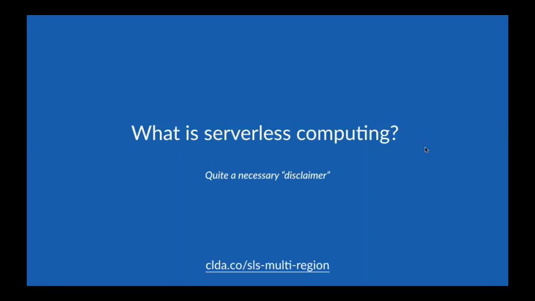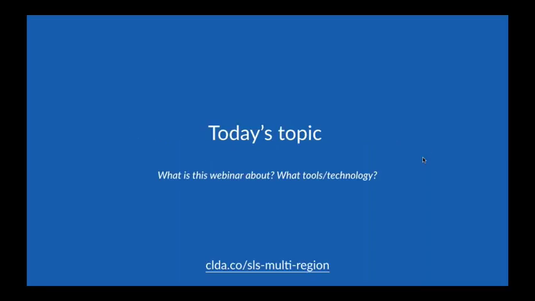So what are we talking about in today's webinar? What tools and technology are we using? We are, of course, using the Serverless Framework, and we are going to build a multi-region serverless app on AWS. We might discuss how a similar setup may work for other cloud providers, but today we'll focus on AWS.